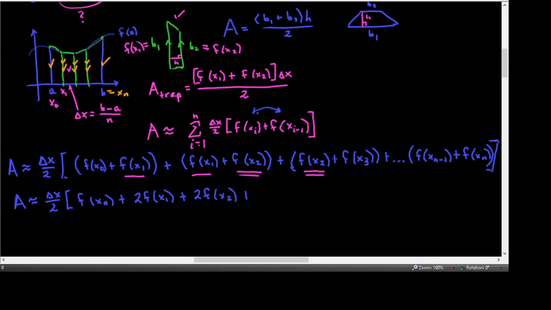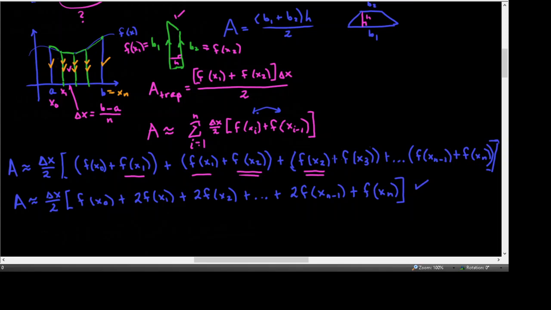In fact, we'll keep using each of them twice until the penultimate one, which is used twice. The second to last one is used twice still. That's the last time something's used twice. And then the very last x, x sub n, which corresponds to b, would be used just once. And so what I've just written, this line right here, is the trapezoidal rule.